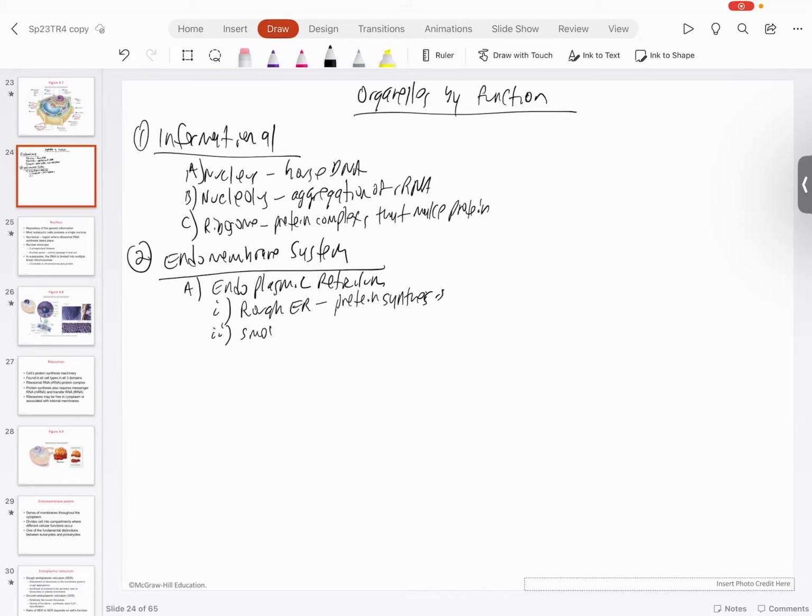And you have the smooth ER, which has 3 main functions. It has a detoxification function, a calcium storage function, and lipid synthesis.